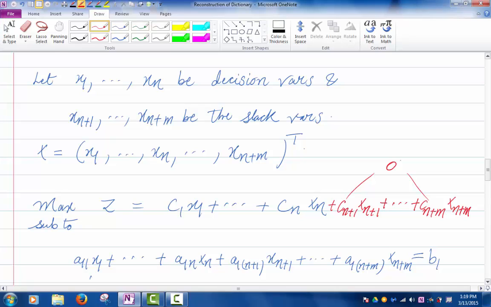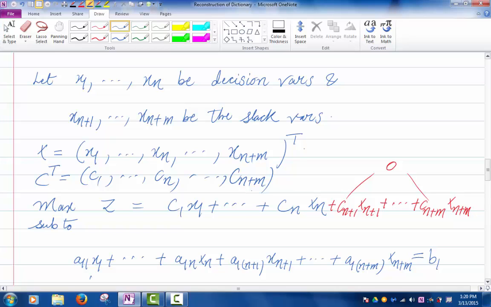Why am I doing that? Because I just want to speak about c. So I'm going to take the vector c transpose to be the vector of c1 through cn+m, and keep in mind that cn+1 up to cn+m are 0.